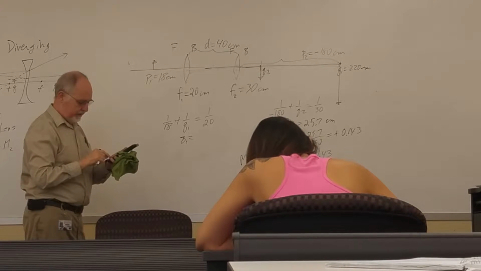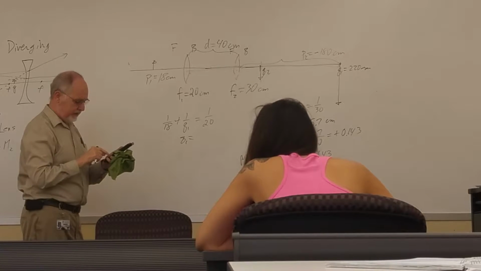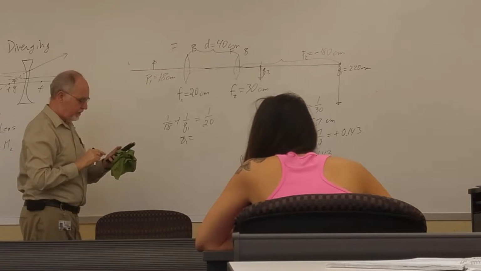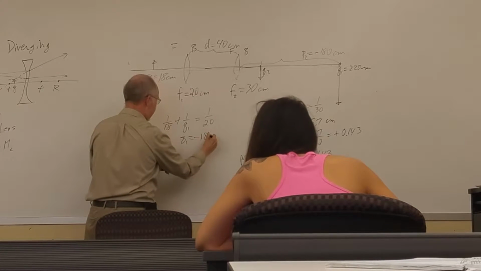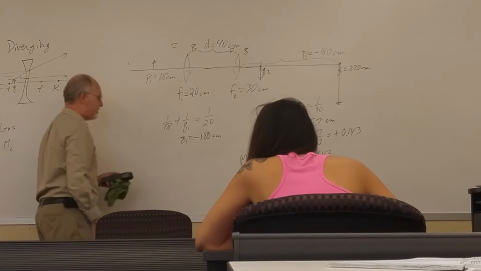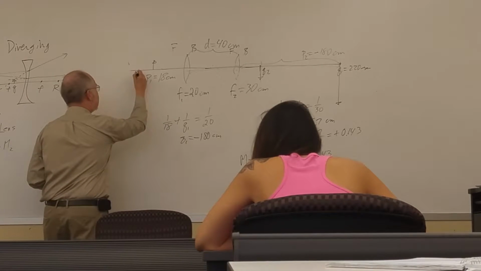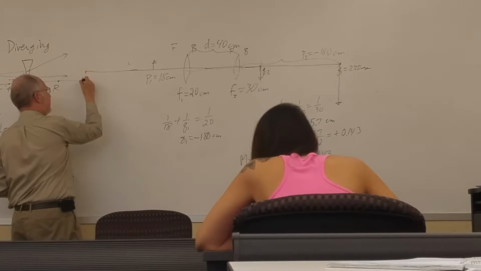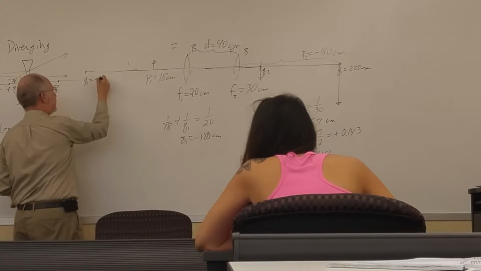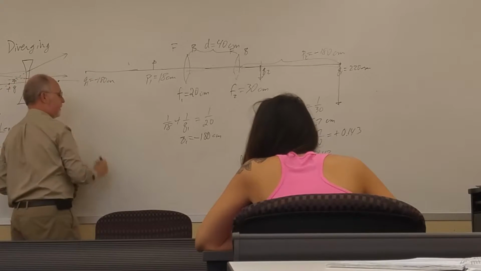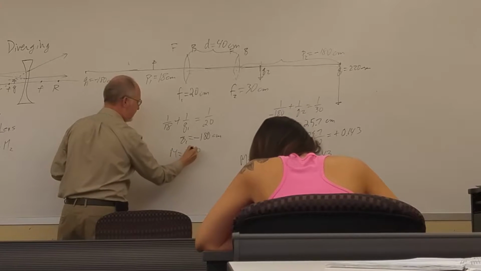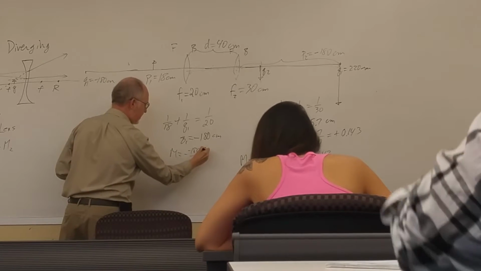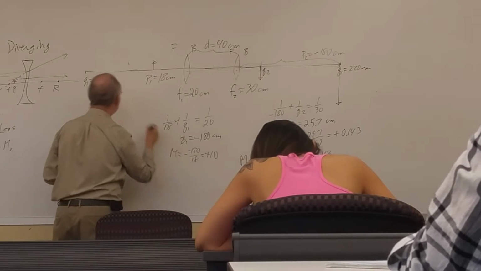So 1 divided by 20 minus 1 divided by 18. Take the reciprocal, and you get negative 180 centimeters. Well, that's back on this side. The magnification is minus the negative 180 over 18, which gives us a plus 10.